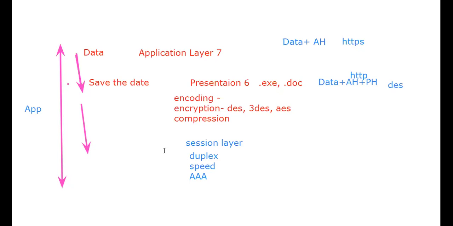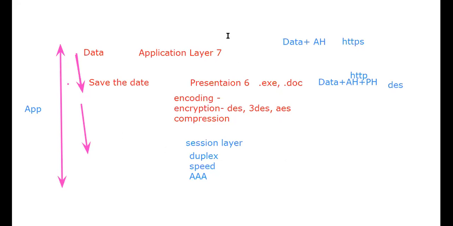But when you do troubleshooting, you will be thinking about the individual layers. There you need knowledge about each individual layer, unlike just creating data and closing. So when you create data, that's the application layer; when you save the data, it is converted into a specific extension, the presentation layer; then you close the data. When you close, you can verify with AAA.